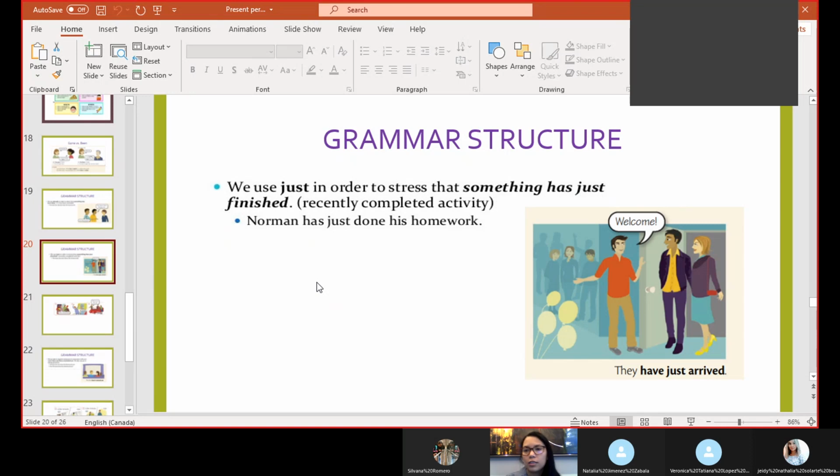Maybe just a few minutes ago, maybe just hours ago, right? A very short period of time before. So if you look at the picture, the guy says welcome to the couple, and then we can say that they, the couple, have just arrived.